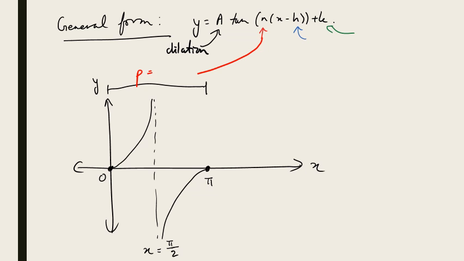Now the period in a tangent function is actually not 2 pi over n, which I was about to write. It's actually pi over n. And what that means is the length of it when it repeats is not as far as sine and cos. And h is for horizontal shift, and k is for the vertical shift.